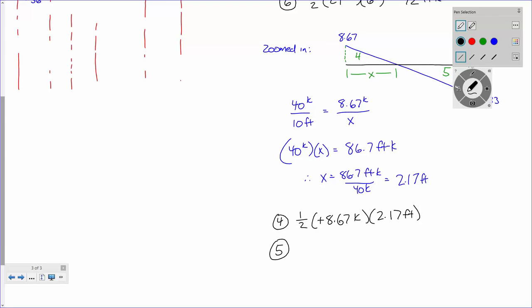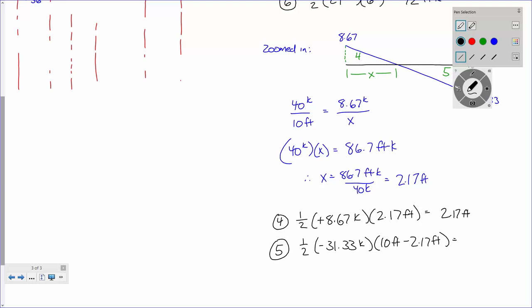And 5 is going to be 1/2 negative 31.33 times what? What is that? 10 feet minus 2.17 feet? On the top? Which one's which? The top's 2.17. Or 9.41, sorry, I was looking wrong there.